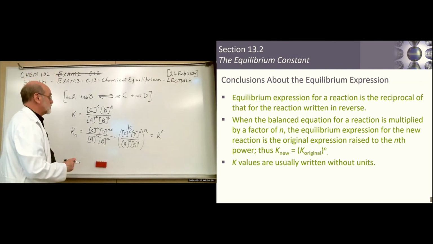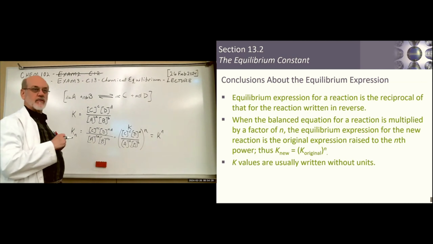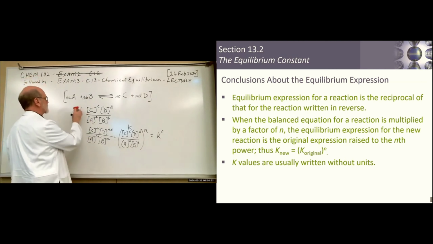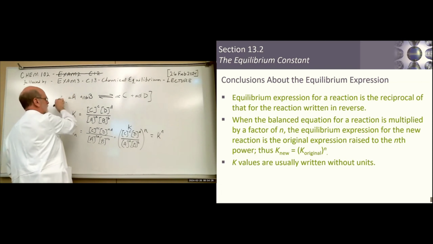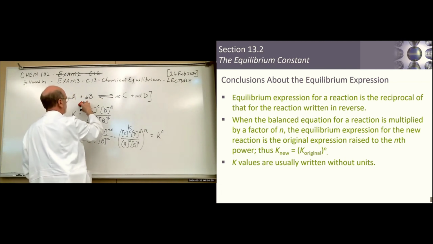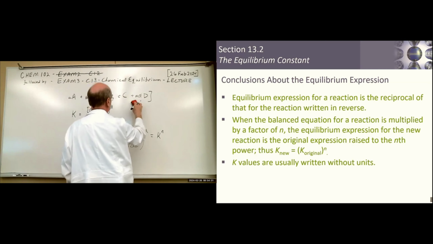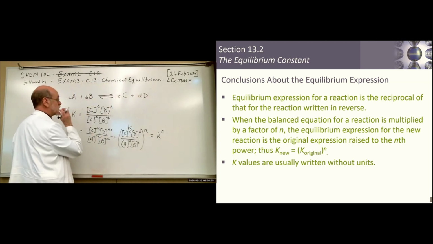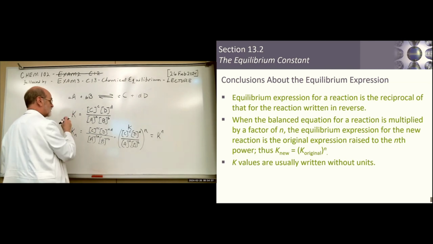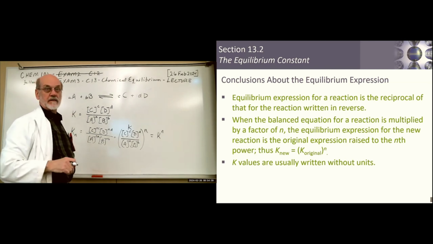The other thing we can do is suppose we need the reaction in reverse. Let's remove these now, talk about it as if it were the original. If we needed the reverse reaction, how would that affect this expression?